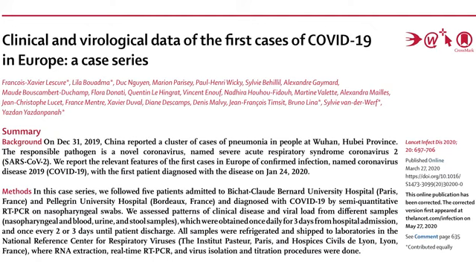And they tried to describe the characteristics of those patients and their virological features. So this is a very good example of a case series, and this has been published this year in Lancet Infectious Diseases.